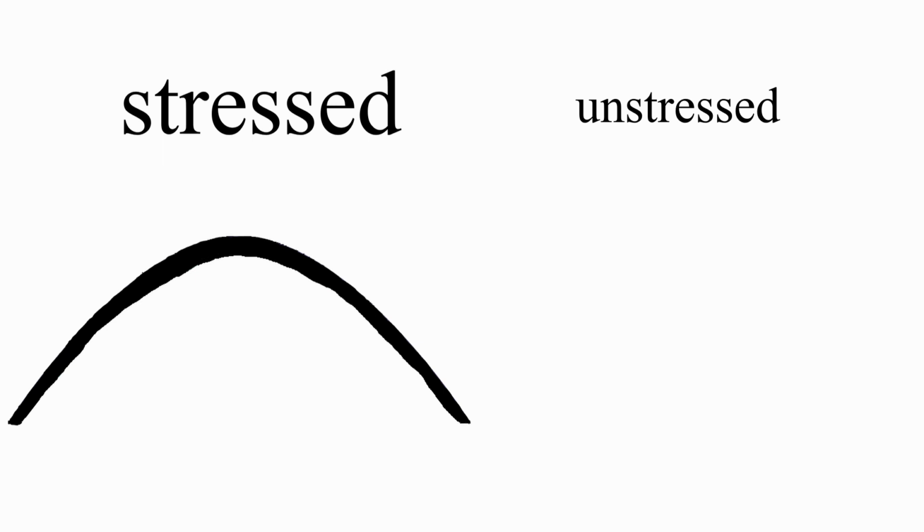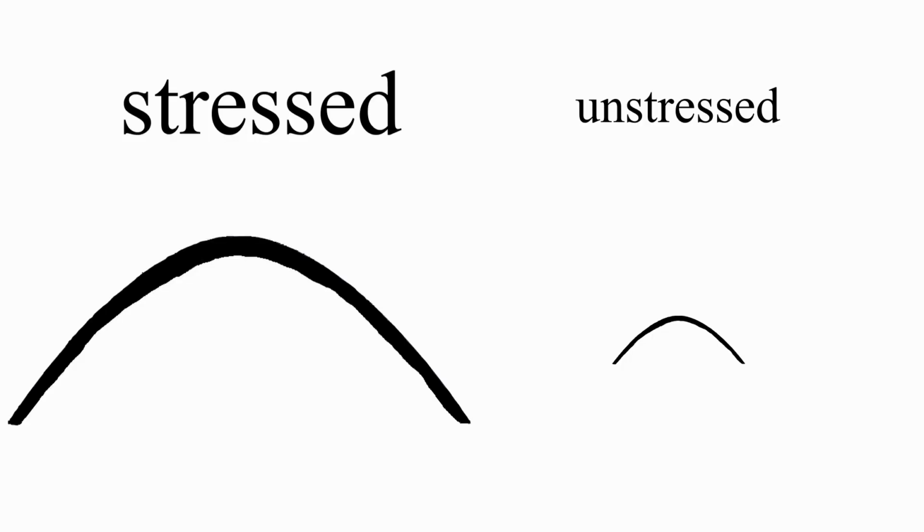The unstressed syllable is also going to have an arc, but it's going to be shorter, so it's going to be more condensed, and it's going to be quieter, so it's not going to come up as much. So it's going to be proportional. Okay, it's going to look the same. It's still an arc. You could flip it upside down if you want. So keep that arc idea in mind as we go through the remaining examples.